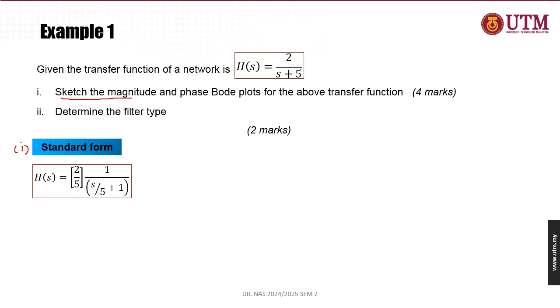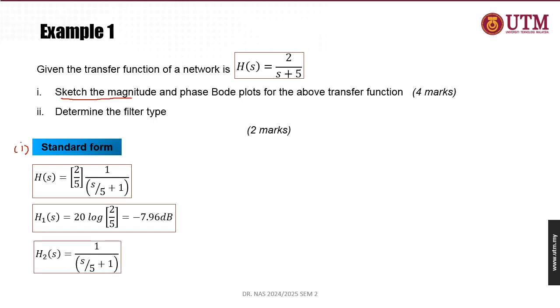In this case, the constant is 20 log 2 over 5 equal to negative 7.96 dB, while we don't have any zeros on top. We just have one pole at the bottom, a real pole at 5. So from the given transfer function, then you can plot the magnitude and phase plots.